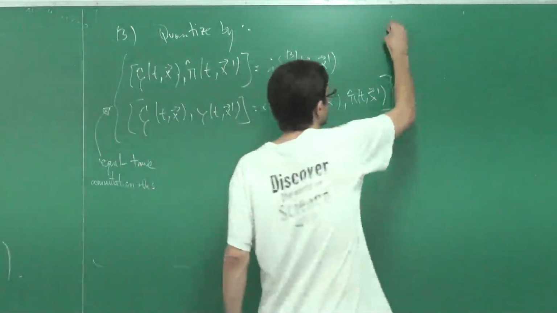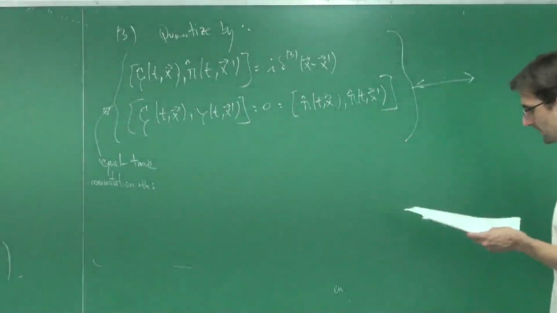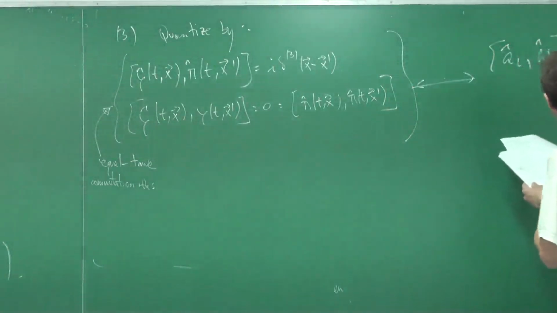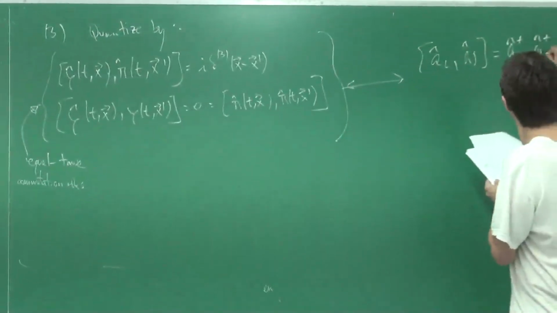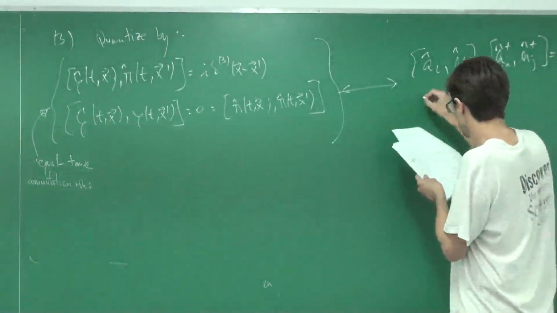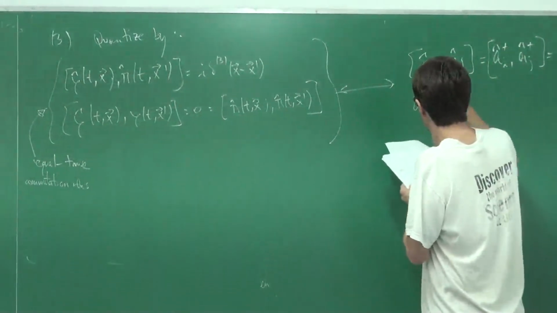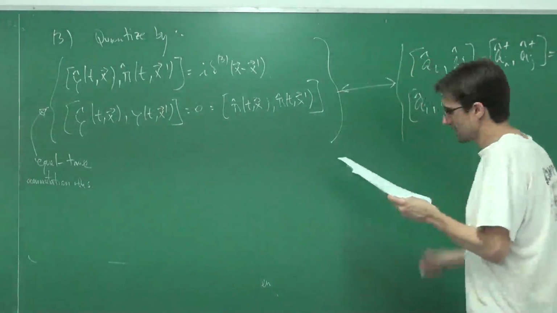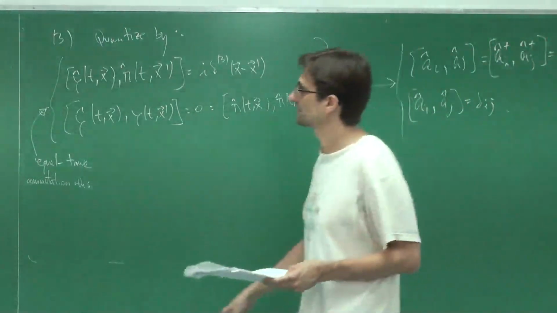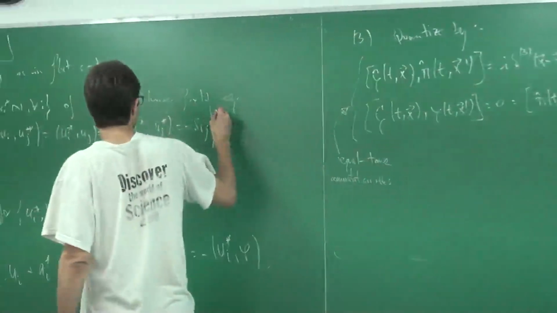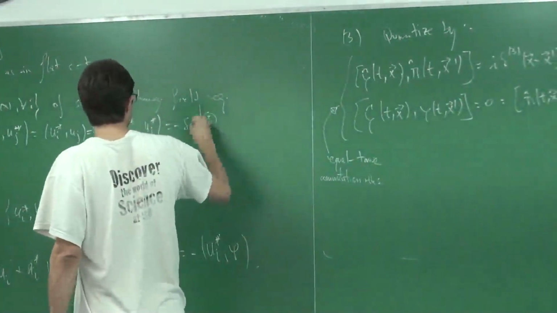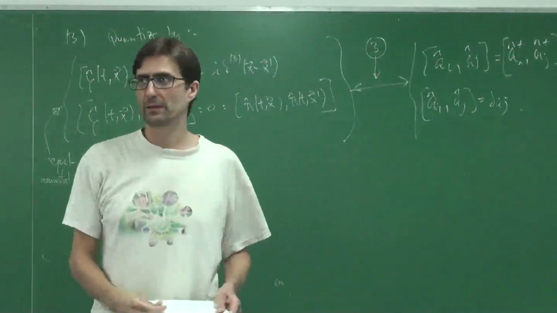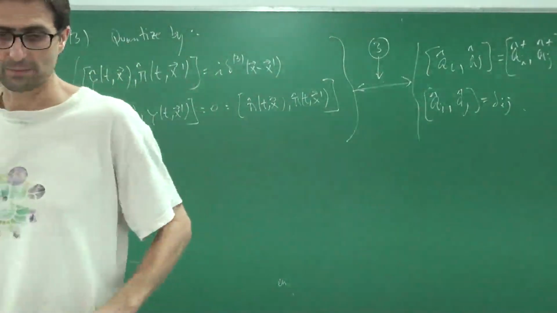And that's equivalent to the commutation relations for the Fourier coefficients. And that's true because they obey those orthonormality properties.